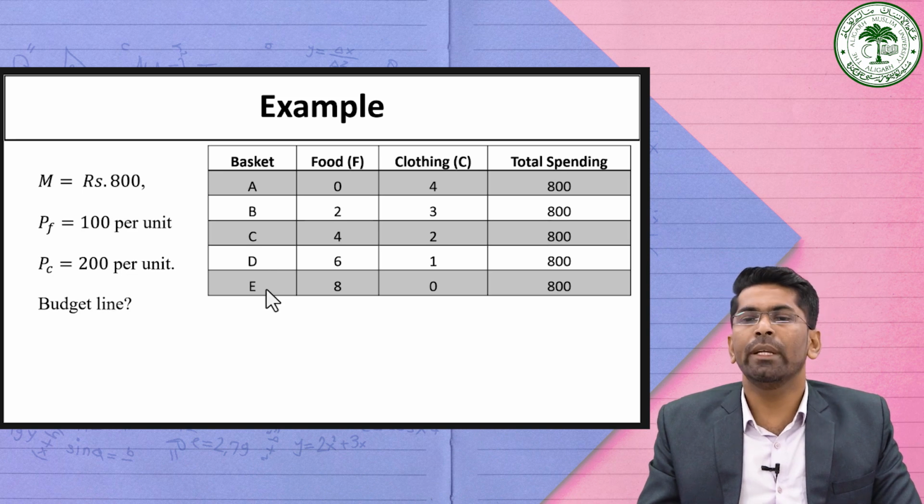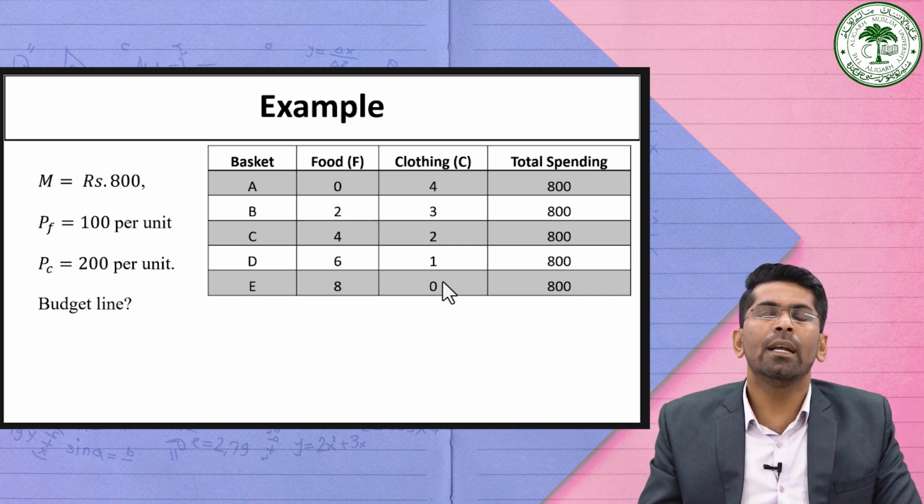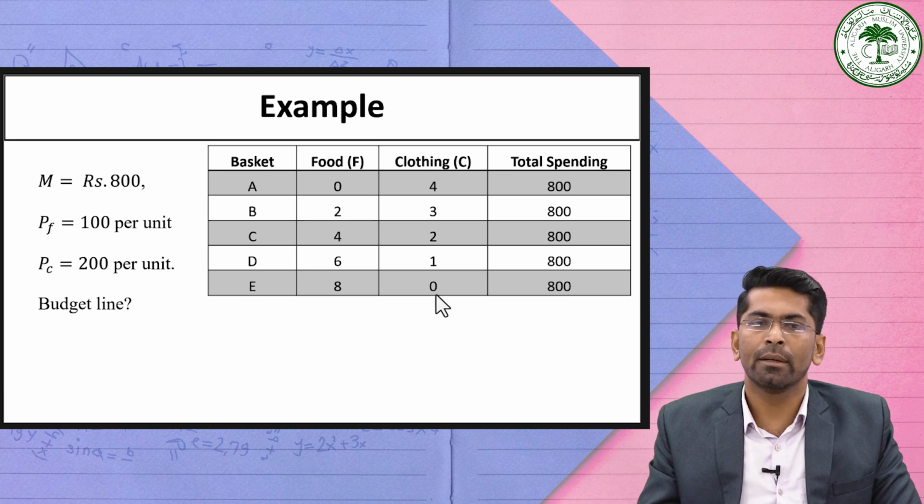Now see combination E. At this point, he is spending his entire income on purchasing food, which is 8 units. So 8 into 100 is equal to 800. At that point he is unable to purchase clothing, so his entire income is spent on food.